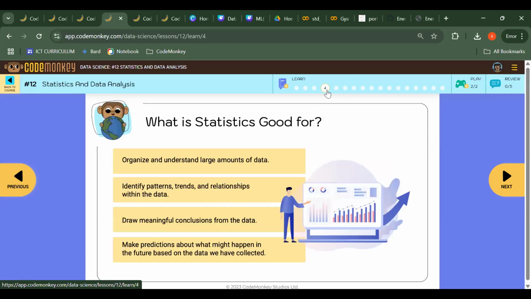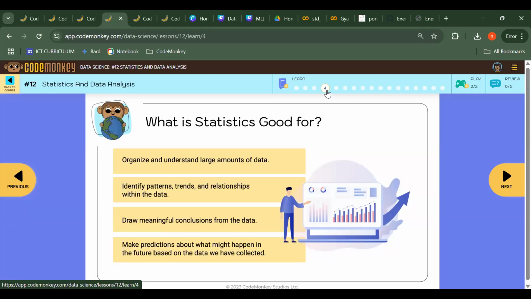What is statistics good for? Number one, organize and understand a large amount of data. Imagine you have 100 friends. In some schools they have 500 students, some 1,000 students.